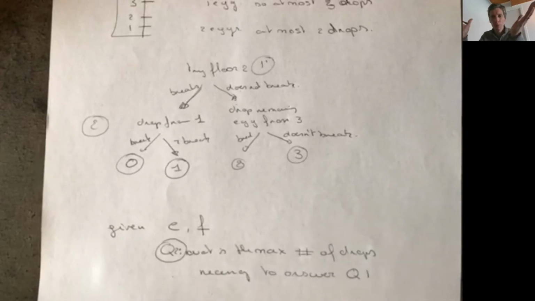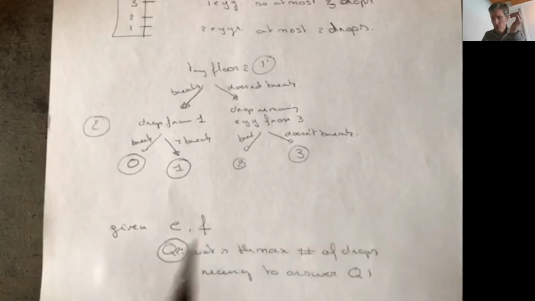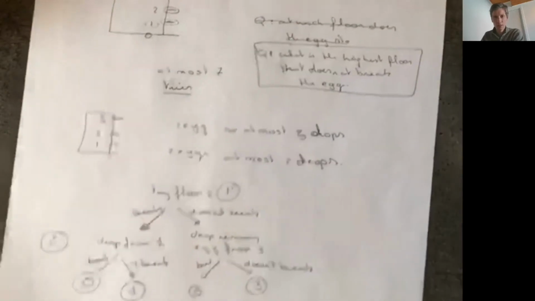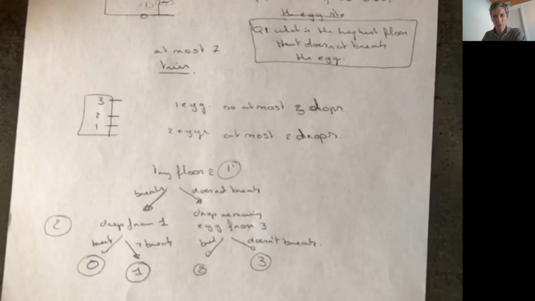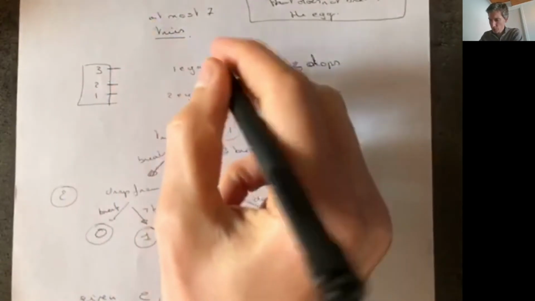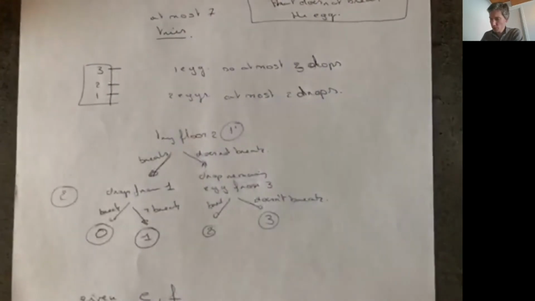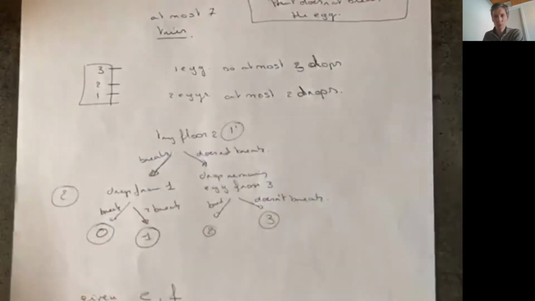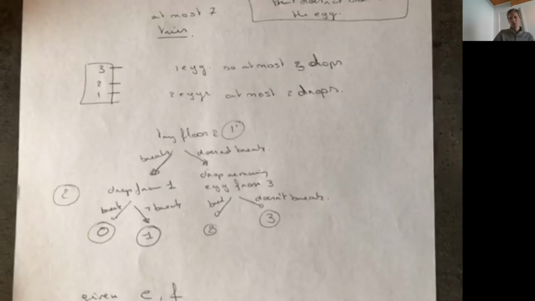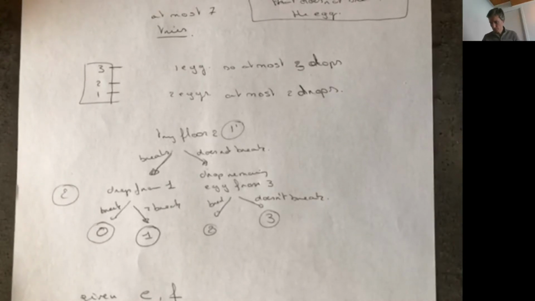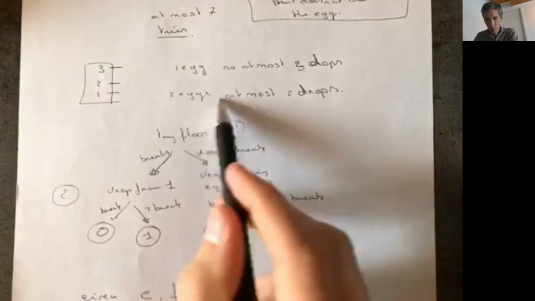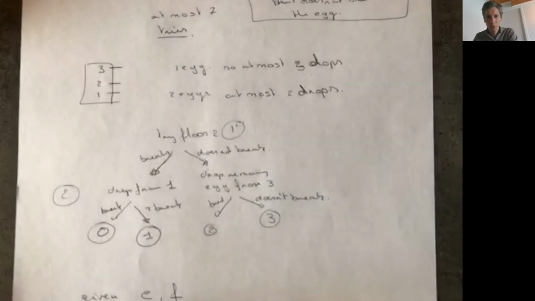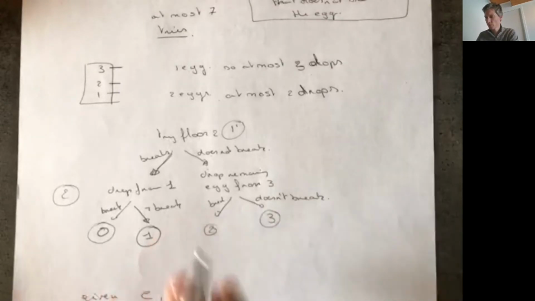What's the maximum number of drops that I need with E eggs and F floors in order to determine the critical floor, right? The critical floor at which the egg still doesn't break. And you have seen, if you have 1 egg and 3 floors, you have 3 drops. If you have 2 eggs and 3 floors, then you have 2 drops, right? So the number of eggs actually gives you some more possibilities to be more ambitious, okay, to be more risky, because if an egg breaks, you still have 1 left.